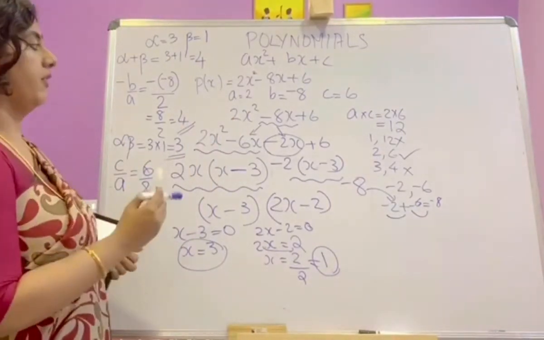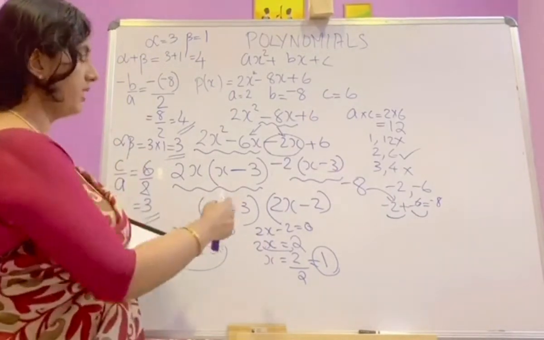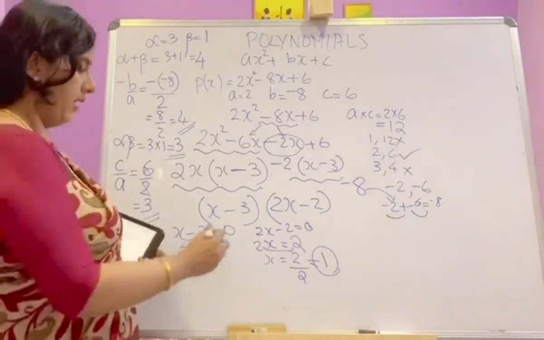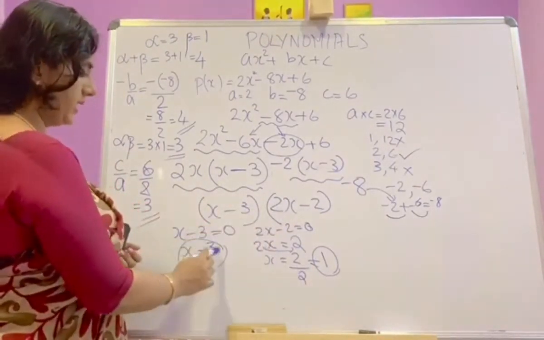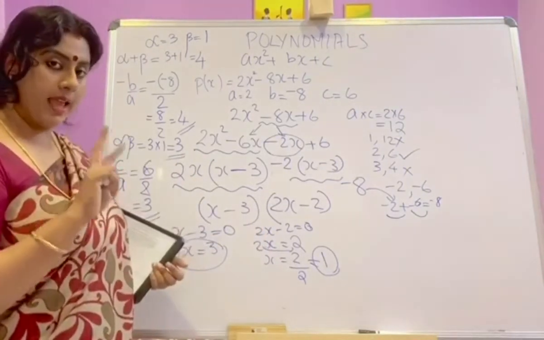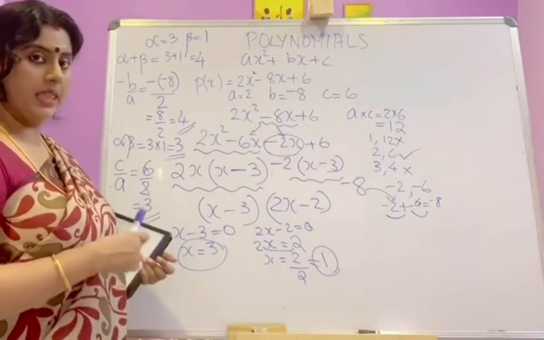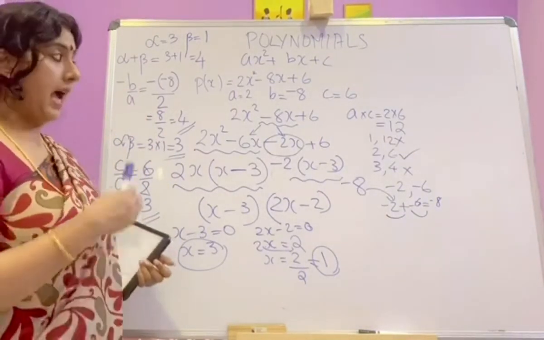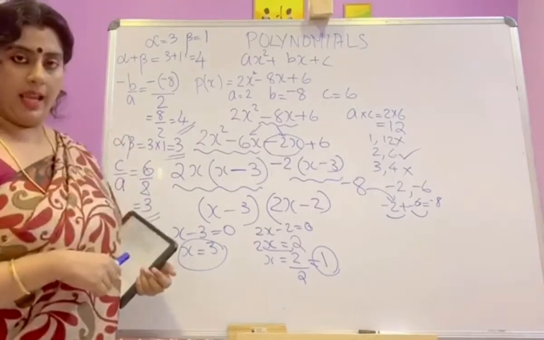So first we split middle terms and we factorize the given polynomial. We got two factors, then we equate it to 0 and find the zeros here. Then we got two zeros, we name it as alpha and beta, and we find alpha plus beta, that is sum of the zeros, and we found that it is equal to negative b by a.